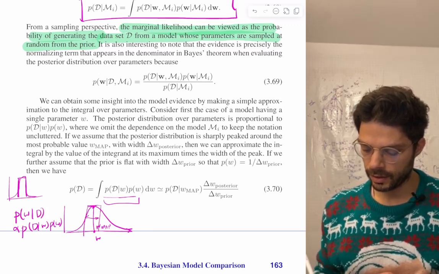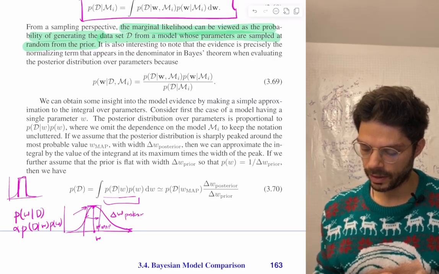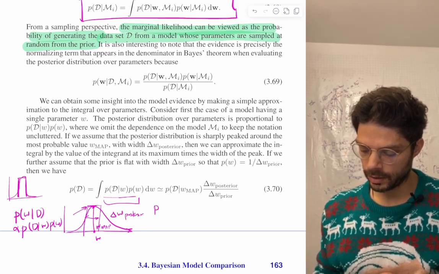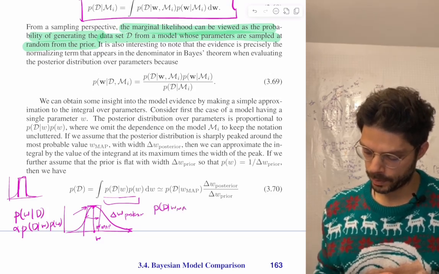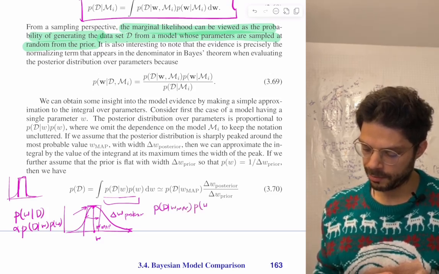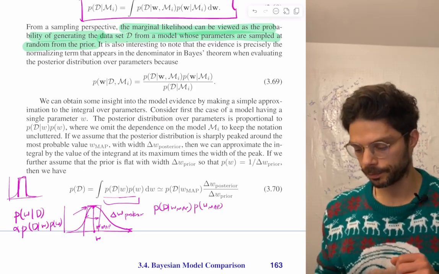That width is delta W posterior. And what is the height? Well, the height is going to be P of data given W, times P of W, but we're going to assume that the prior is constant.